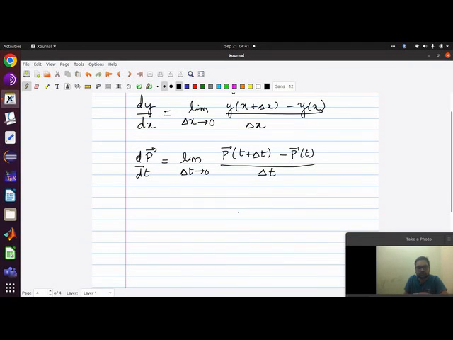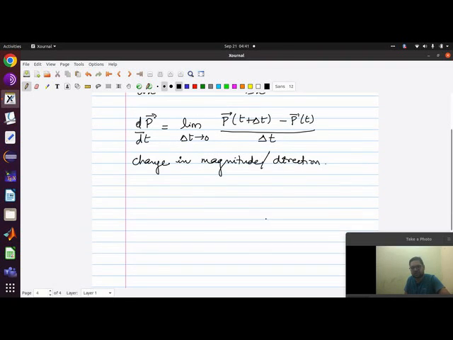So now, as we said before, vectors have both magnitude and direction. So there can be change in magnitude or in direction. So we look at each one separately.